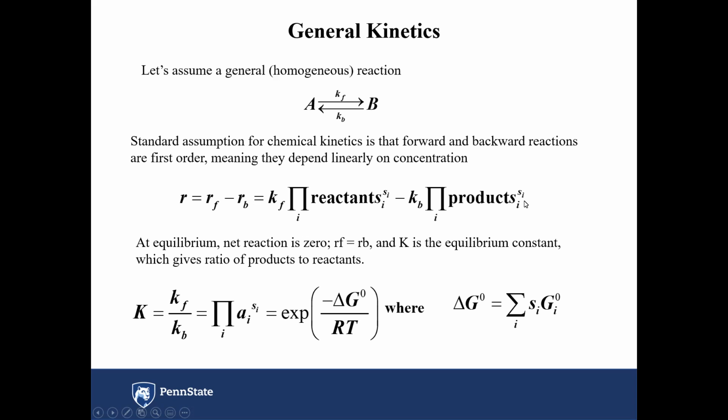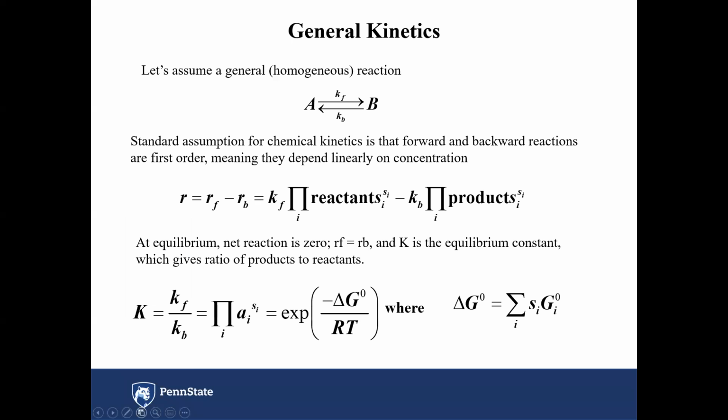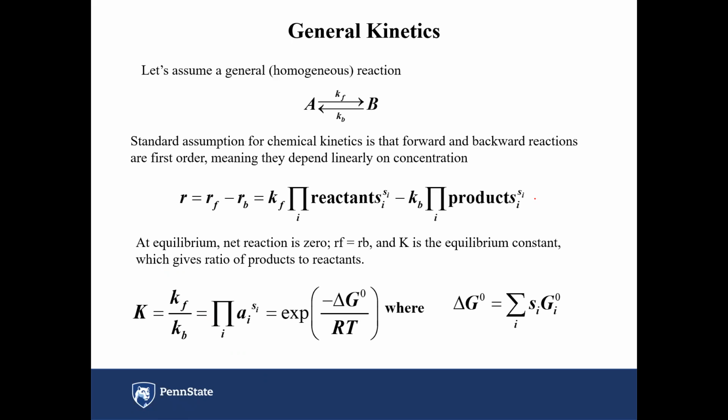Then when we put this term equal to 0, we will get K. K is equal to the ratio between the forward reactivity divided by the backward reactivity, right? And we can get this expression, right? In this case, the delta G is the sum of the delta G of the different reactant species.